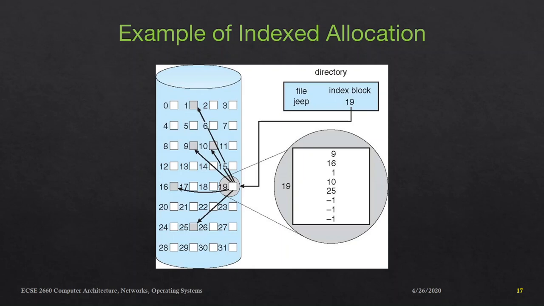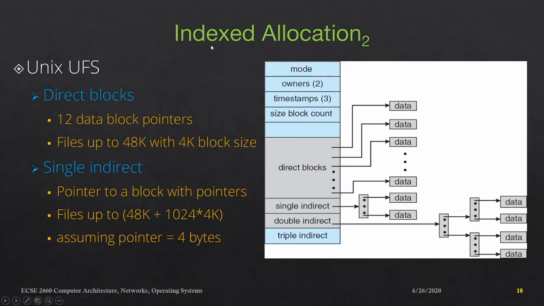This leads us to questions of how big the index block should be and how it should be implemented. So let's look at how Unix does it in its Unix file system. The inode, which carries the metadata information for each file, has direct blocks, single indirect blocks, double indirect blocks, and triple indirect blocks.